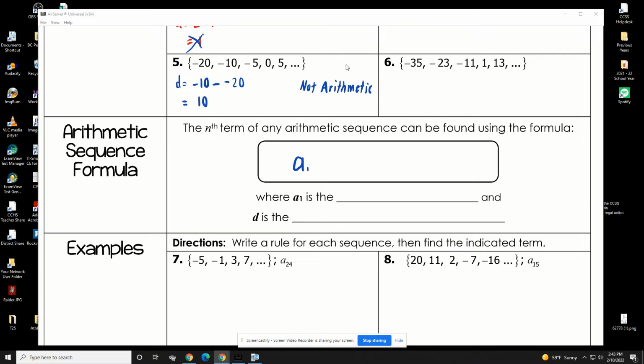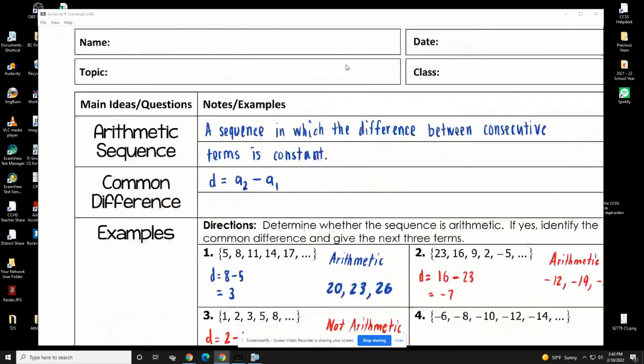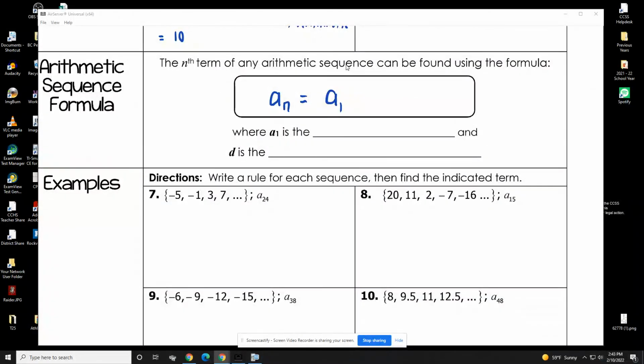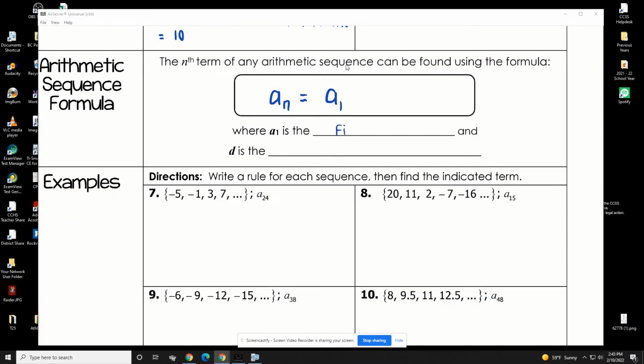A sub n. So it's saying for any term in this particular sequence, A sub n, you can find it by taking A sub 1. That's my first term, right? And then I add n minus 1 times d, where d is my common difference.